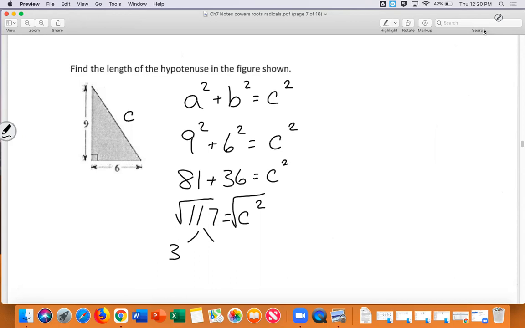I believe that's 39. 3 goes into 39 13 times. So c equals 3 root 13. That's it. All right. Any questions?